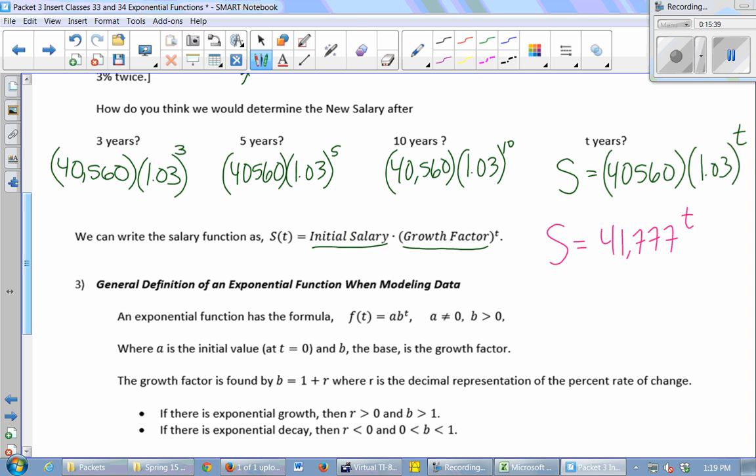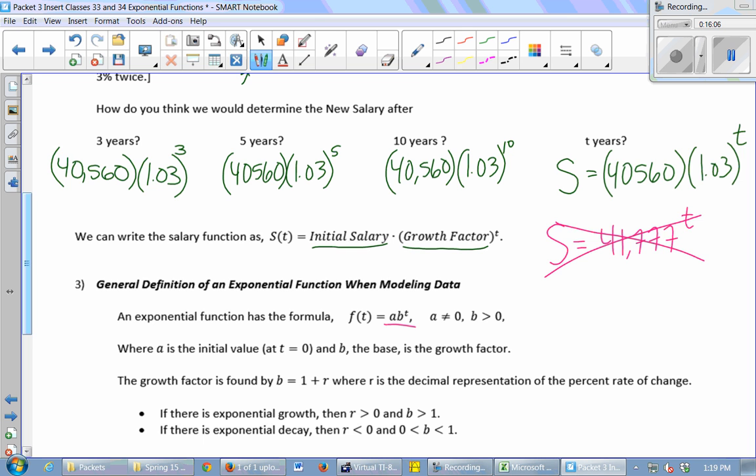Can I multiply the 40,560 times the 1.03? Why not? It's order of operations. You can't do the multiplication before you deal with the exponent. And when the exponent is a t, you can't do anything. So this is not allowed. So you do have to write out a times b to the t. You can't multiply the a and the b.